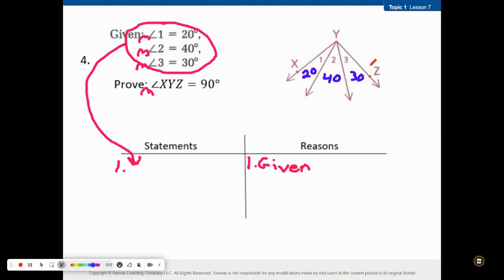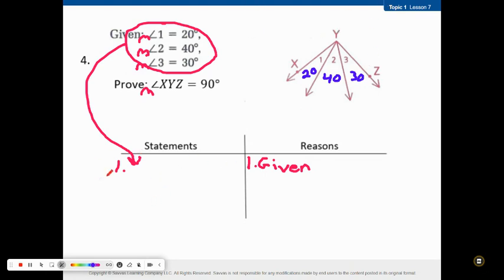Now, how do I know I'm going to get 90 here? Like, what am I going to do? Good. I'm going to add them together. Do we have a rule for that? Angle addition postulate.